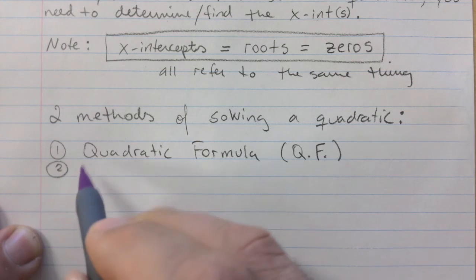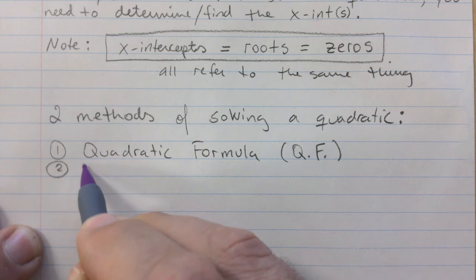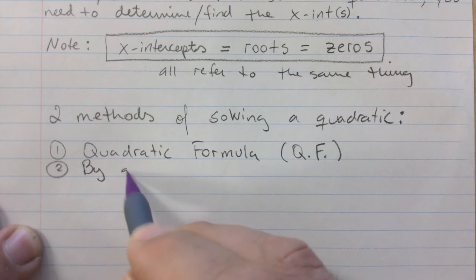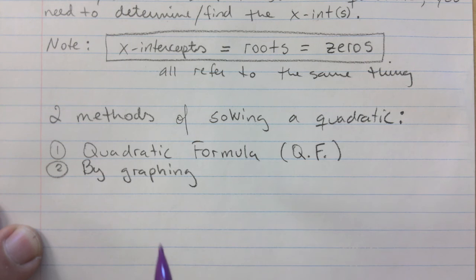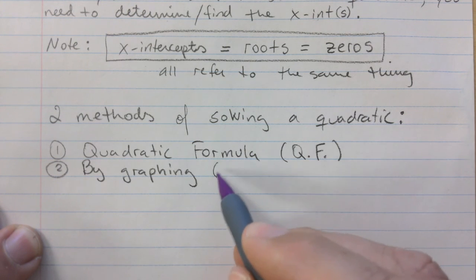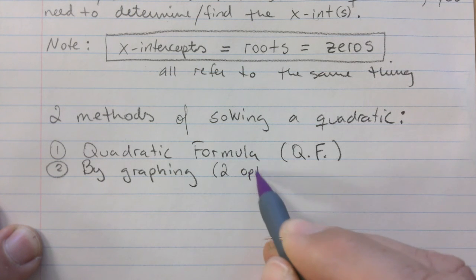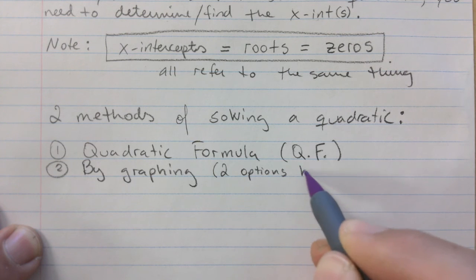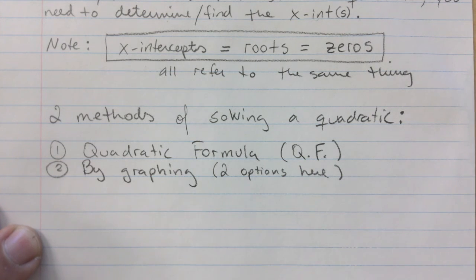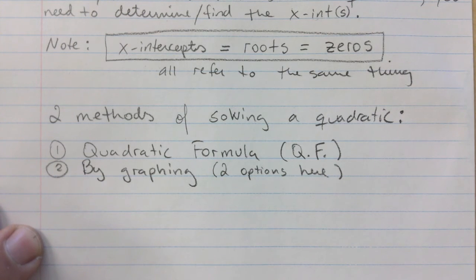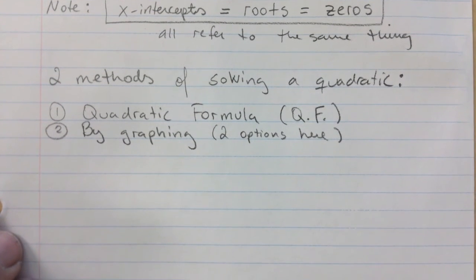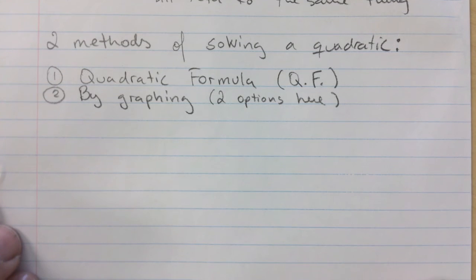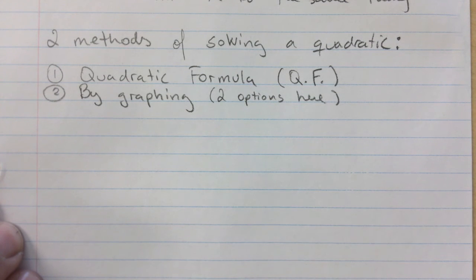Number two, by graphing. Two options here. Today we're going to start talking about the quadratic formula, and tomorrow we'll start talking about how to solve by graphing. So two methods, quadratic formula and graphing.